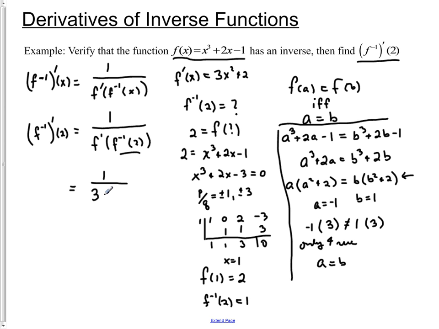So f prime, which is 3 times 1 squared plus 2, means that 1/5 is the value of the derivative of our inverse at x equals 2. And we didn't even have to know what that inverse was to find it.